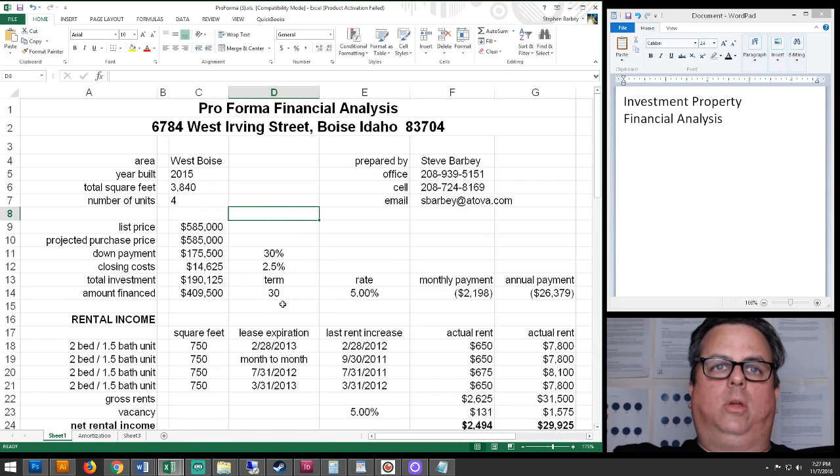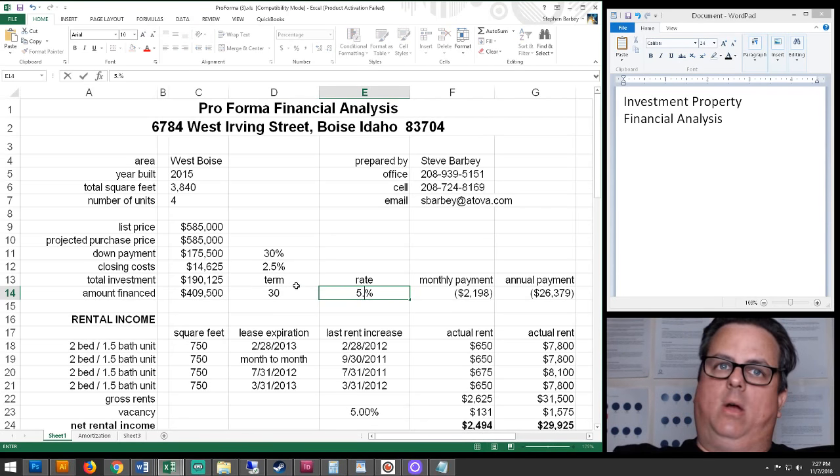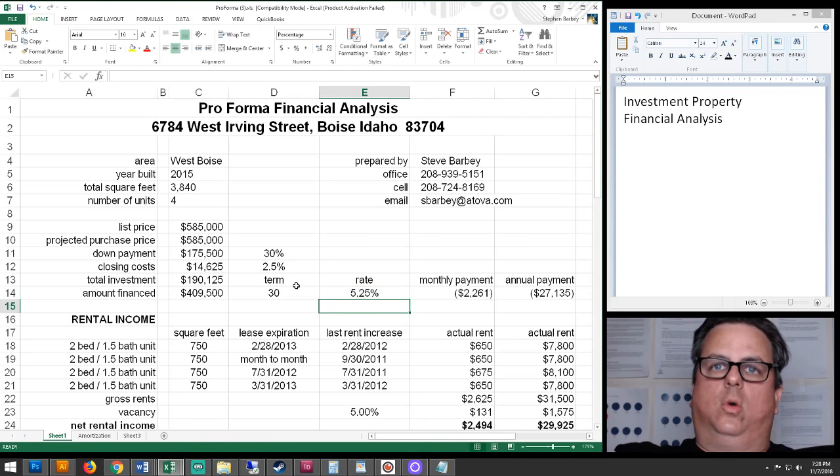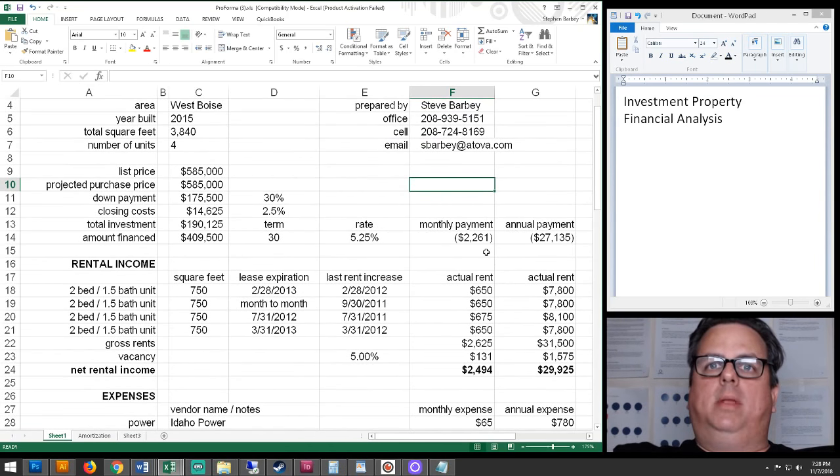So a 30-year term is normal. 5%, I think right now, let's do 5.25, maybe even 5.5. I think 5.25 is probably okay. I haven't checked in about a week, but I know we're in this territory. So monthly payment is an expense, so it's expressed as a negative. That's what the parentheses mean.